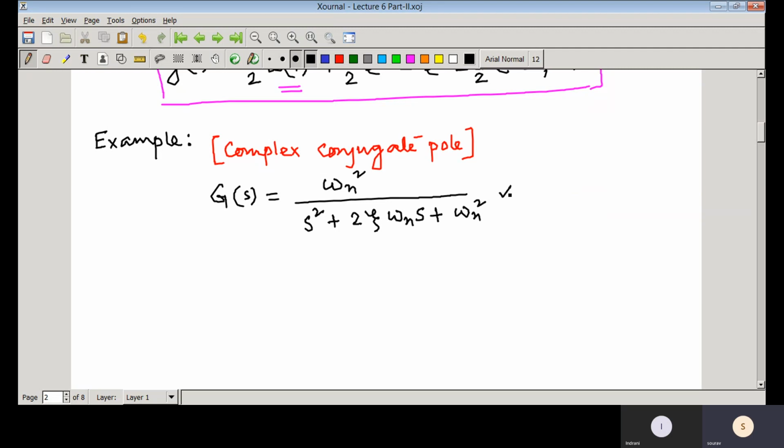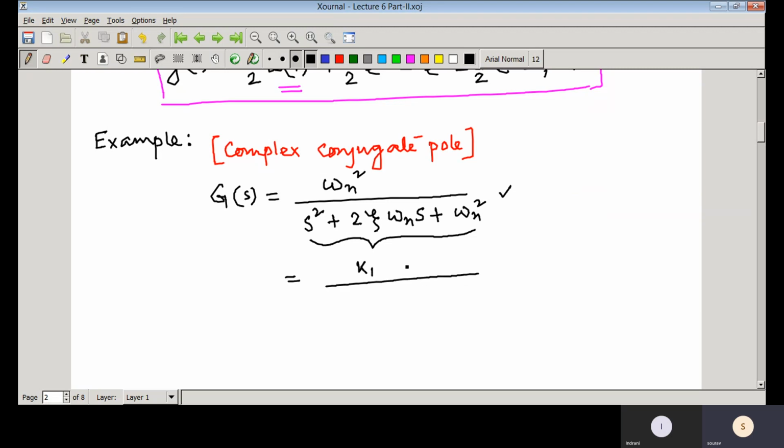So in this case it has two poles, as it is second order. So s equal to minus b plus minus root over b square minus 4ac by 2a. If you do that, you will see that it has complex conjugate poles.